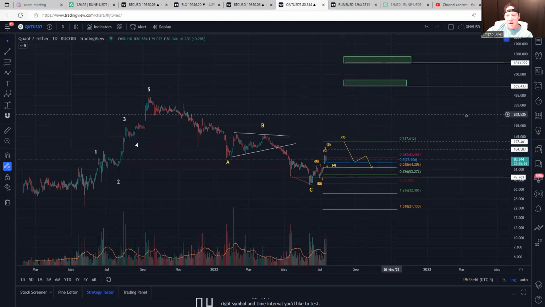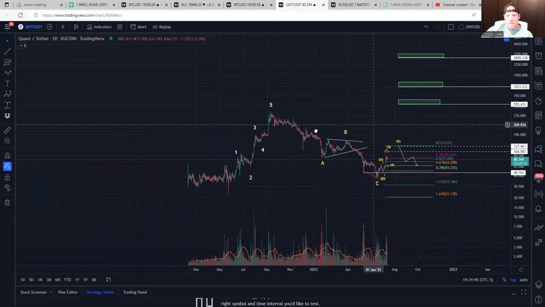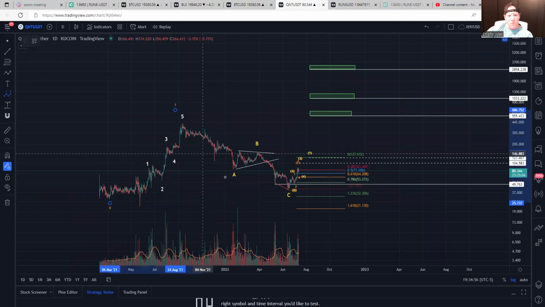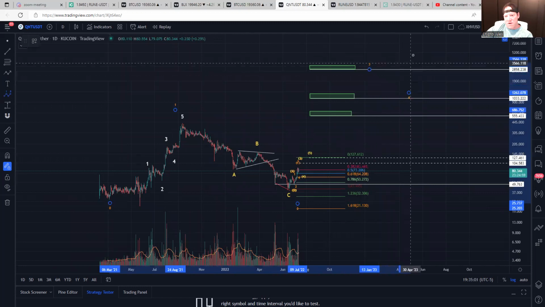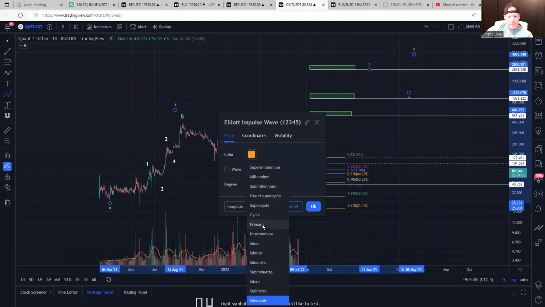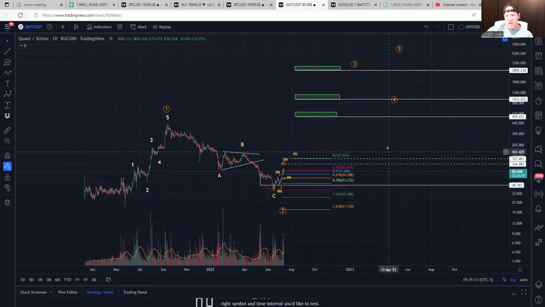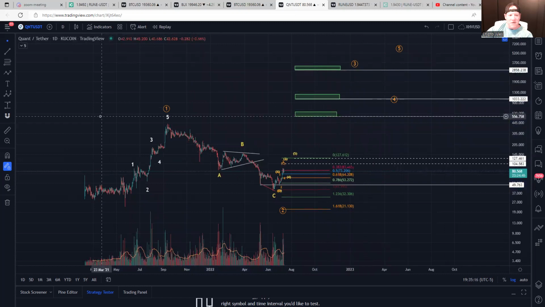And then from there, depending on how this wave turns out, if this is indeed a 1 wave and this is a 2, this would be the 3-wave target up here. So that is one scenario. That means that this next cycle would take us up to about $2,800.